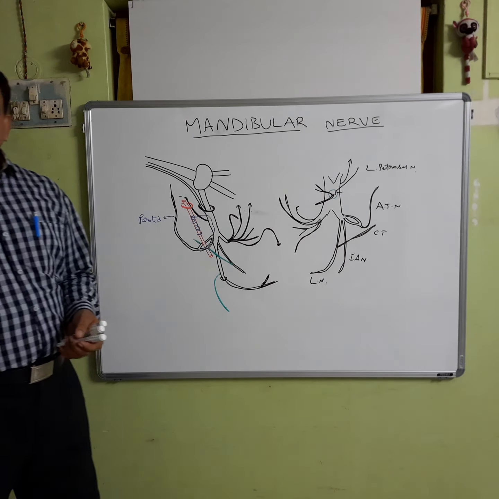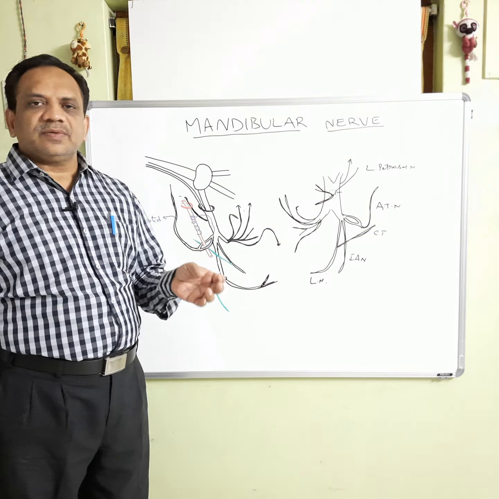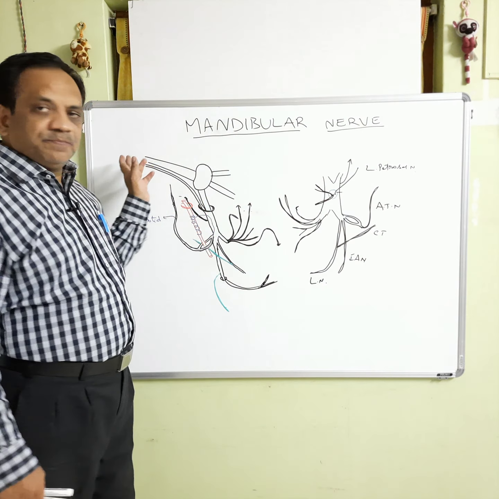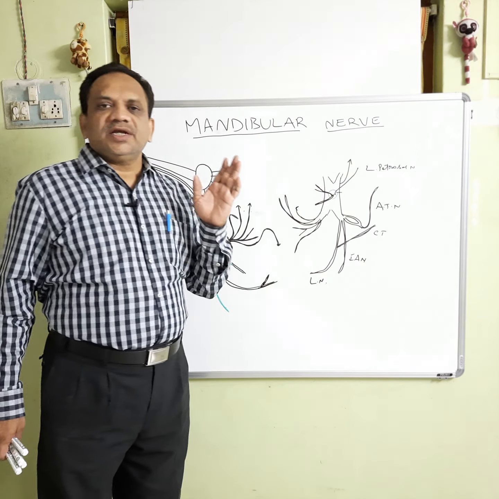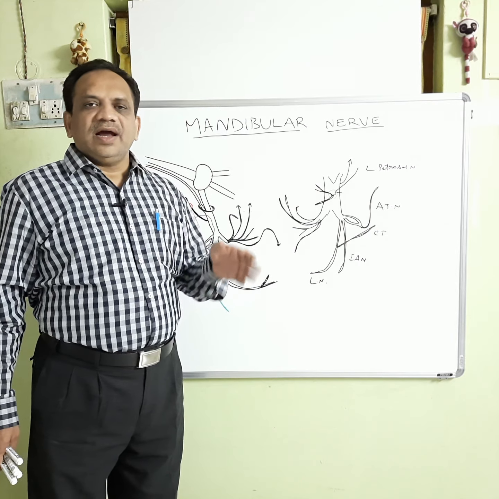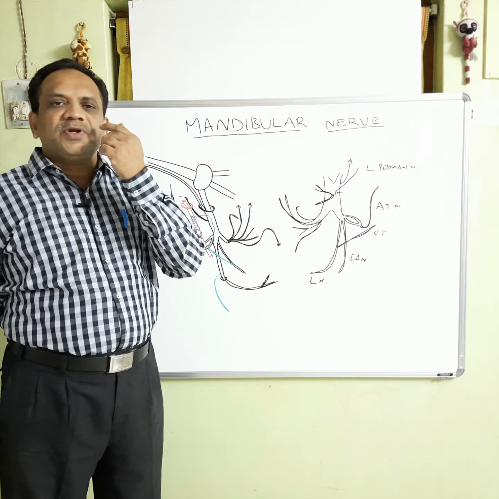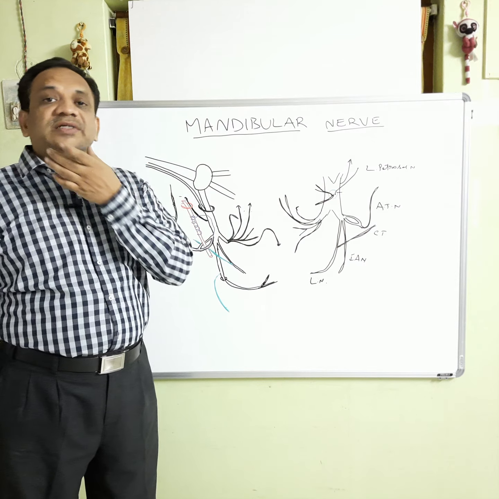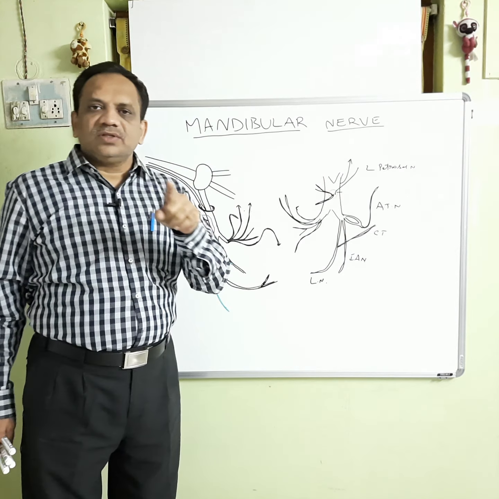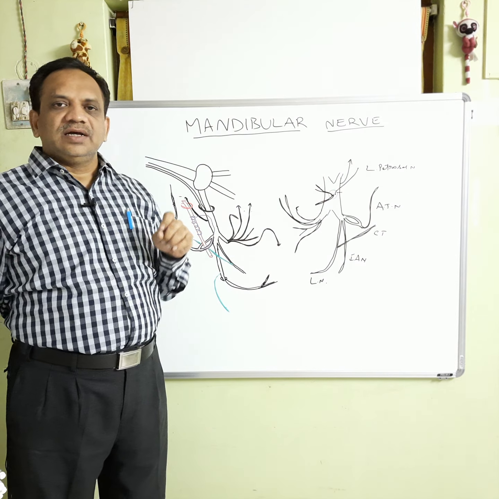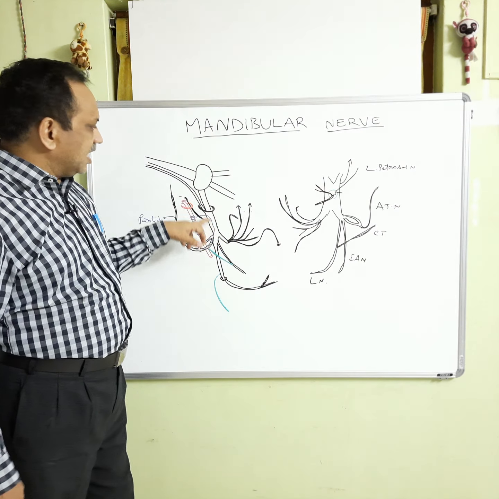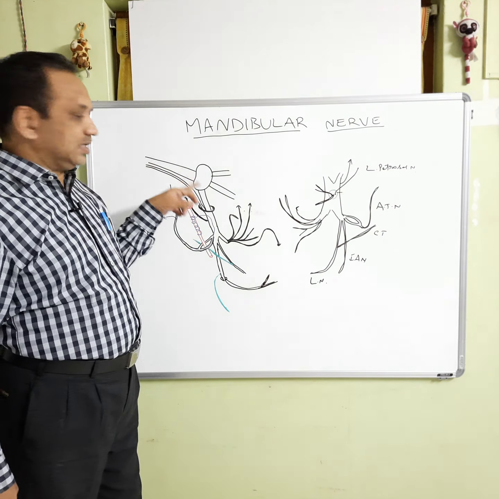The general sense, pain, temperature, position, all are carried through these fibers to the principal sensory nucleus of the trigeminal nerve and the spinal nucleus of the trigeminal nerve, and most importantly, the proprioceptive fibers of the muscles of mastication, the stretch, tension, all these are carried to the mesencephalic nucleus, which is present in the periaqueductal gray matter of the midbrain, through this mandibular nerve and its sensory root.